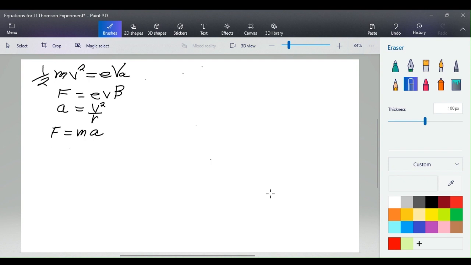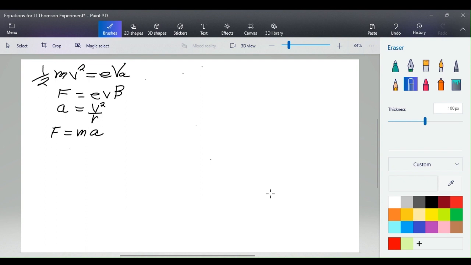The fact that we're going in a radius gives us an acceleration of that velocity. Then here's force equals mass times acceleration. That is Newton's basic law. Force equals mass times acceleration.